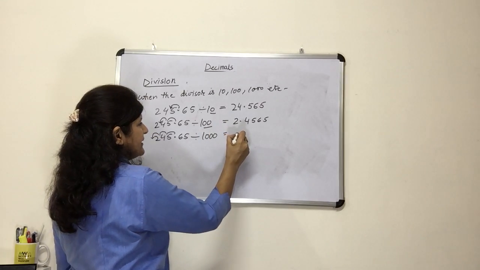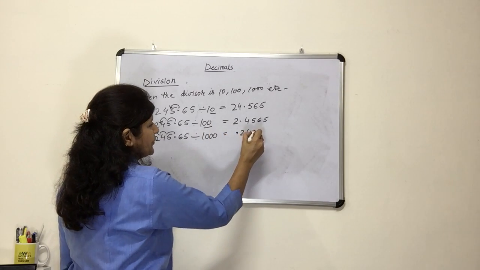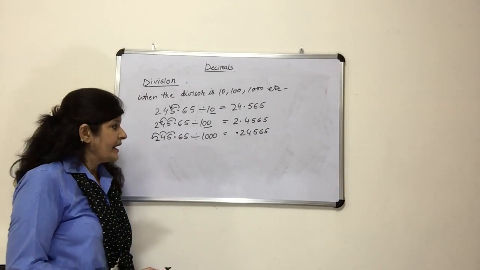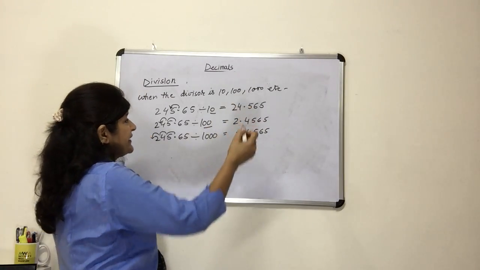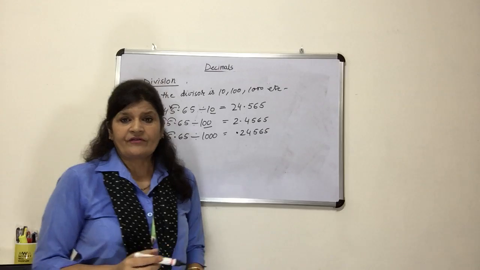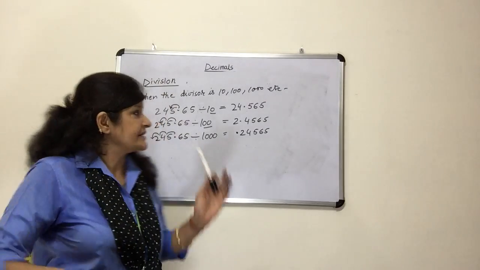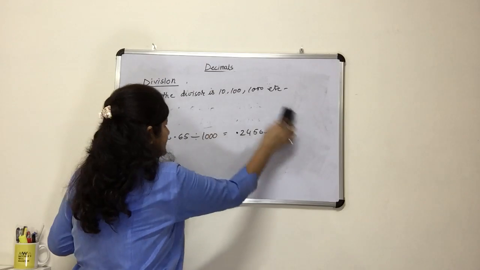So the answer will be 0.24565. Got it? So in this way we do the division of a decimal number when the denominator is 10, 100 or 1000.